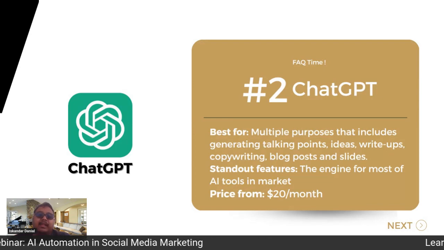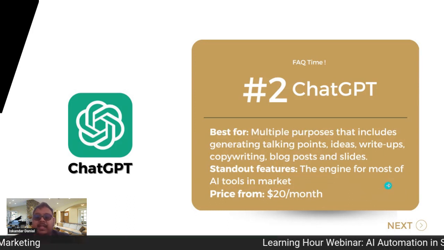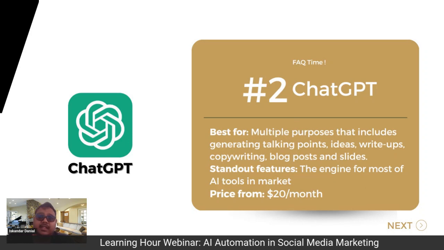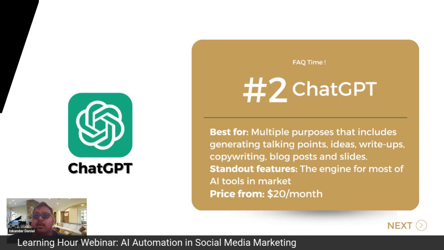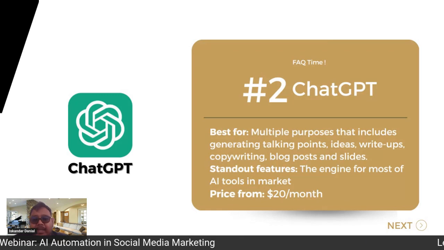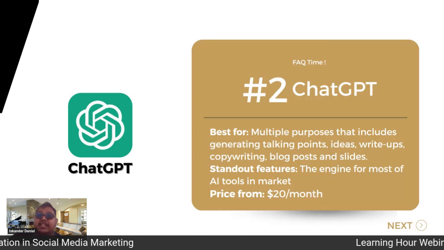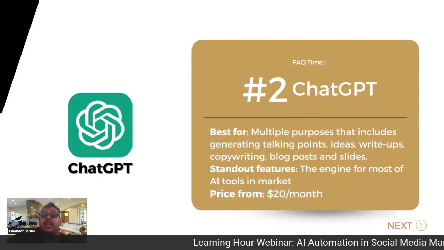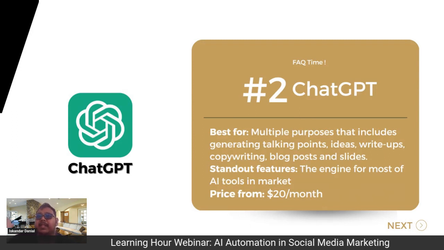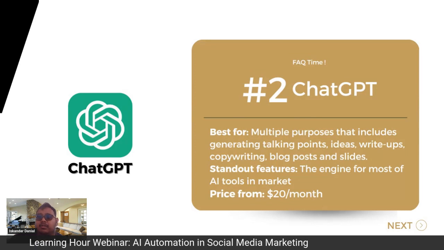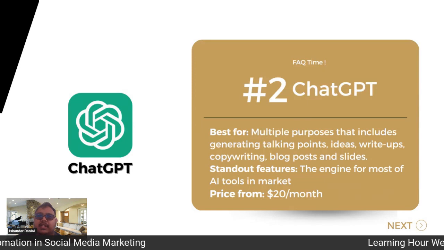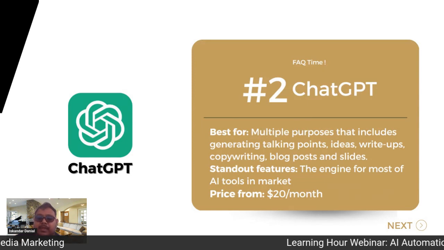And just for your information, ChatGPT is actually an engine, and most of the AI tools outside there, Jasper or other AI tools, might use the ChatGPT engine as the core of their AI tools. So hence, rather than looking at these particular AI tools, we might as well focus directly on ChatGPT.